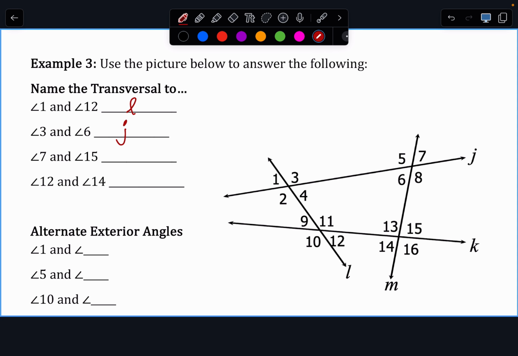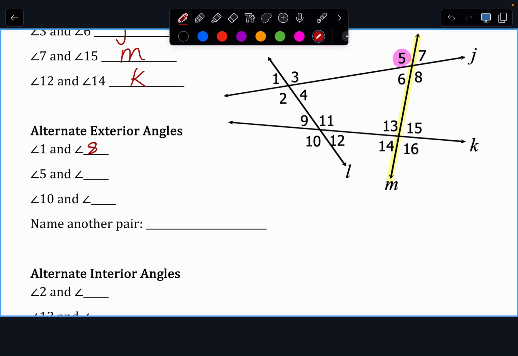Okay. Here is angle 5. We have to go with transversal M. Who is 5's alternate exterior angle? 16. Okay. 10. You could say 3, or you could say 15.